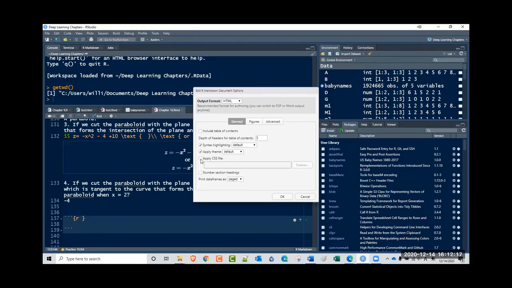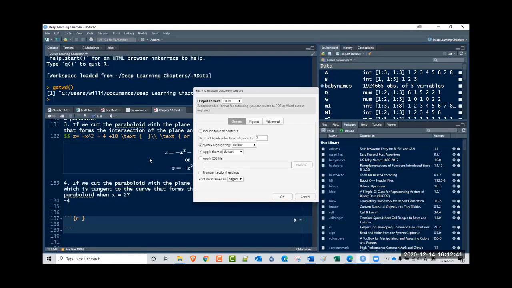Now, if you want to have actual images in this file, you have to treat it like it were a web page. So you have to know where this RMD file is, and then you have to put the images in that folder or subfolder, and I guess you have to reference the images.